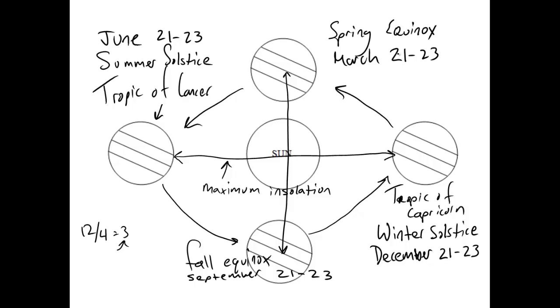And again, on the equinoxes, the sun will be directly overhead on the equator on both the spring equinox and the fall equinox, and those are 6 months apart. During the summer, we have longer days. And during the winter, we have shorter days. During the summer, the sun's insolation striking the northern hemisphere is more direct.